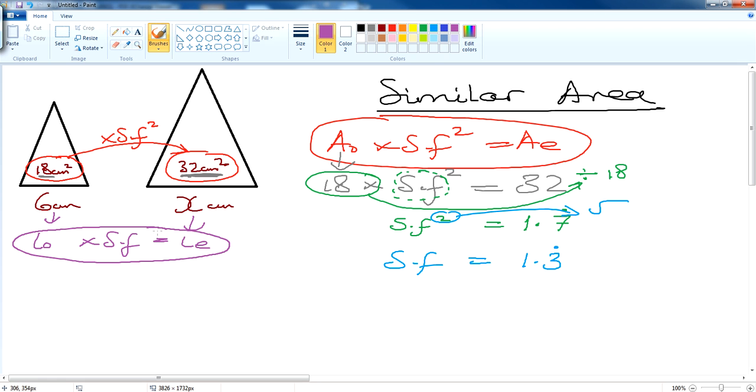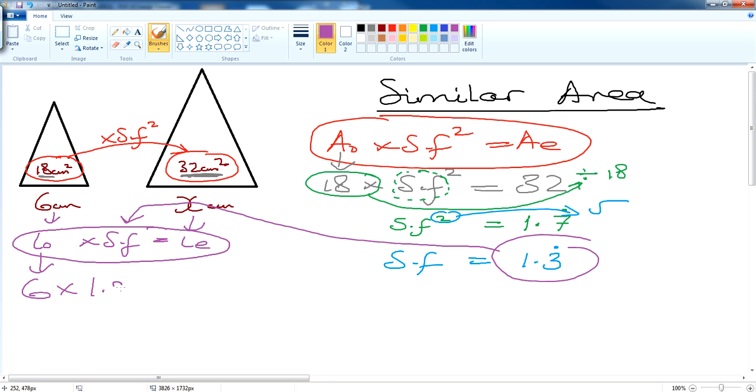Once we've worked out the scale factor, which is 1.3, we grab it and we throw it into the formula. So the length original is 6 times by 1.3 recurring will give us the length enlarged, which is x. Now remember, don't delete that 1.3 recurring value from the calculator. Can you times that by 6? What does that give you? 8. It gives you 8 exactly.